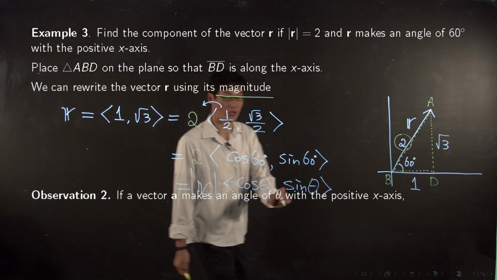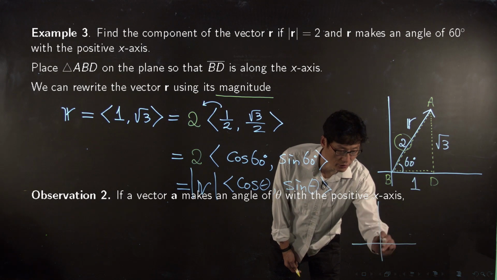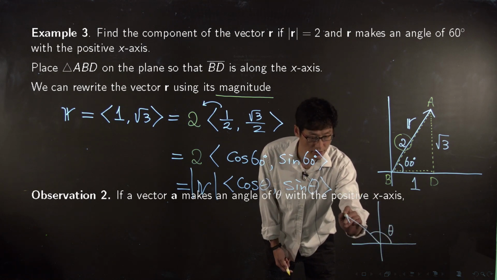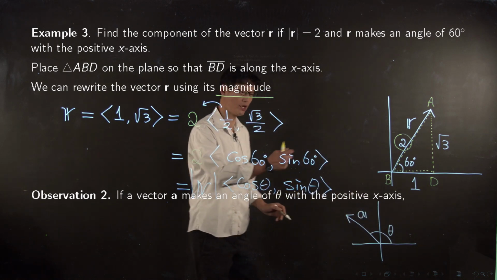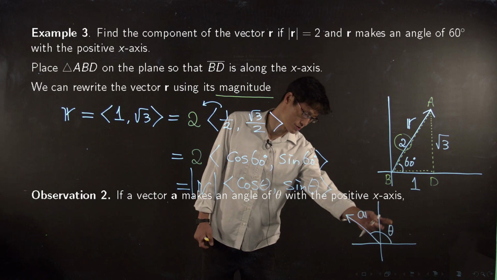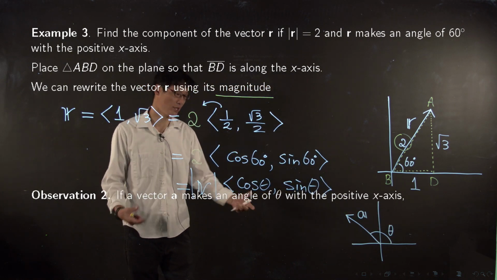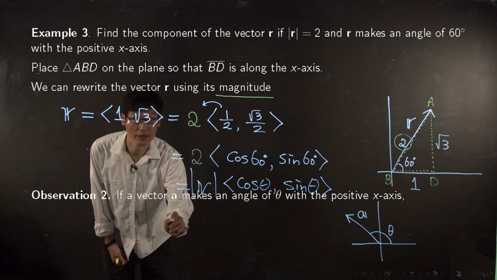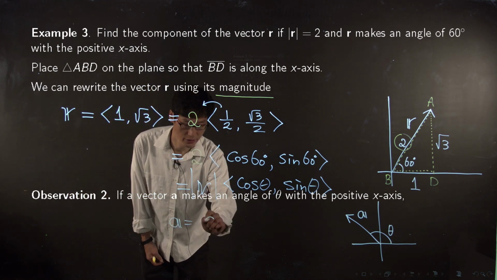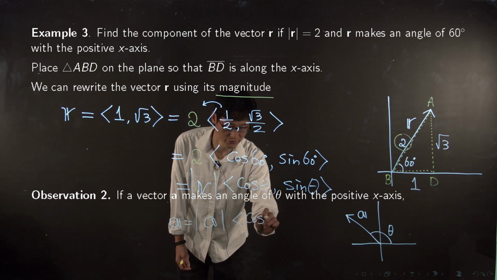So let me formulate this. Say vector A has angle, say, theta, like this. The angle doesn't have to be less than 90 degrees. So this theta can be any angle. Suppose you have a vector like this, then this vector can be written as magnitude with trig function values.